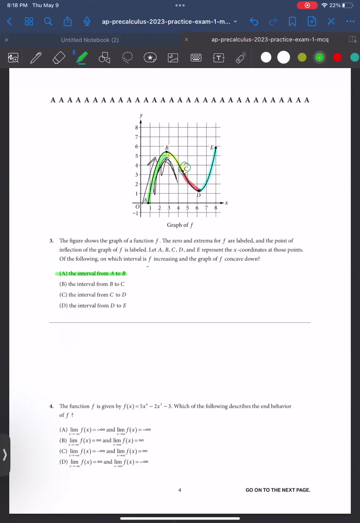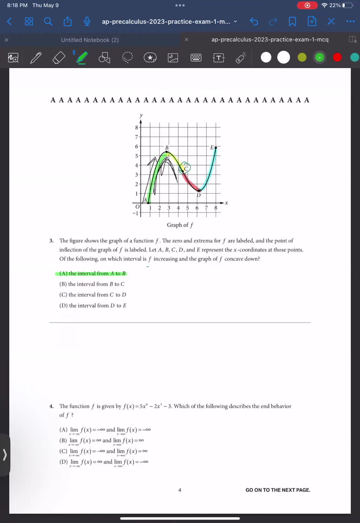All right. The function f is given by f of x equals 5x to the 6 minus 2x cubed minus 3. Which of the following describes the end behavior of f? All right. So first of all, I can eliminate 50% of my options because what is the degree of this polynomial? 6.